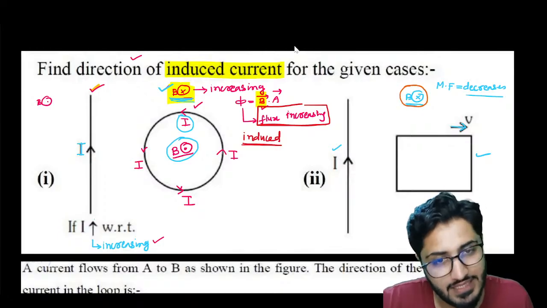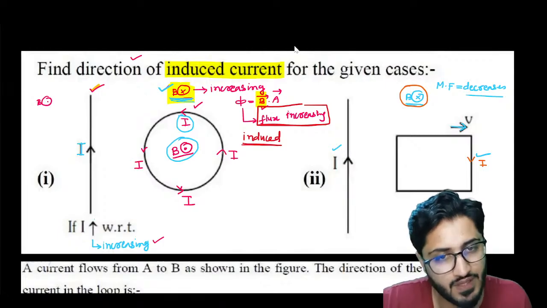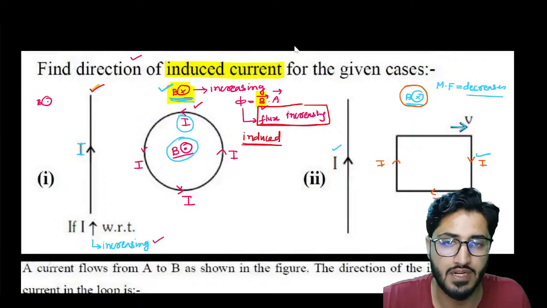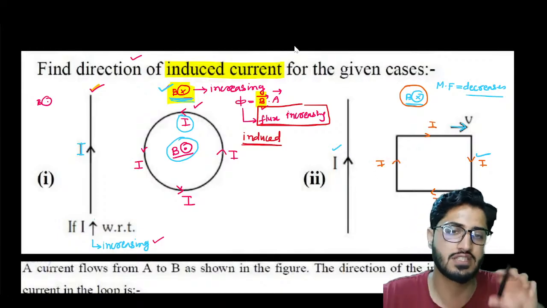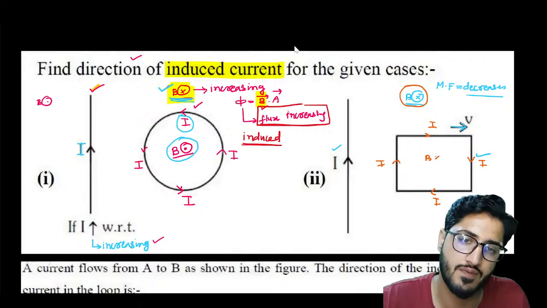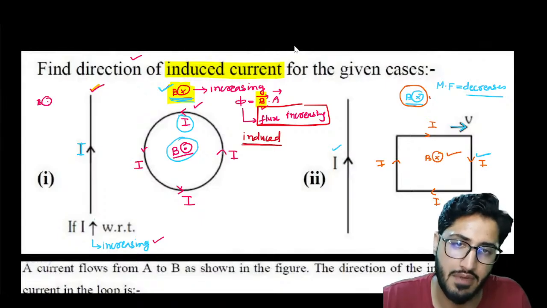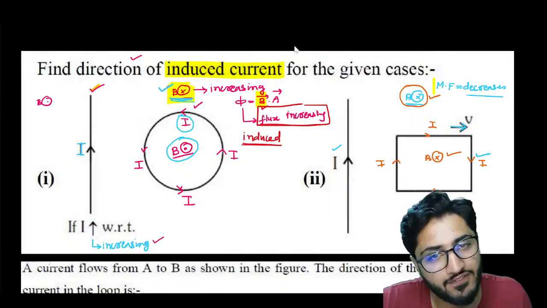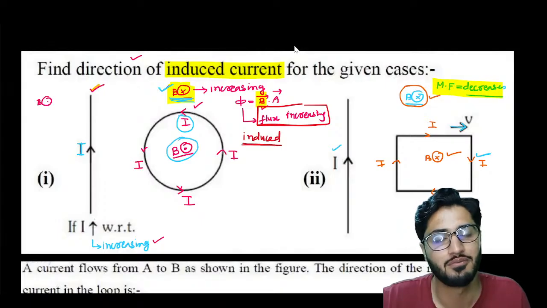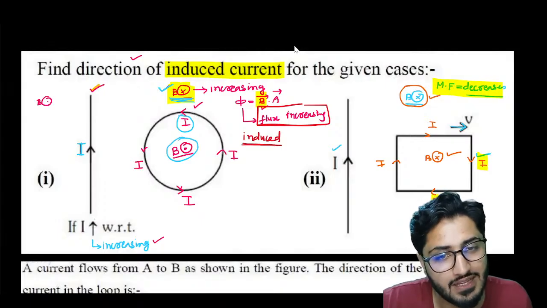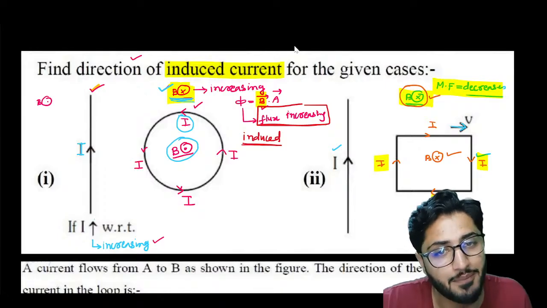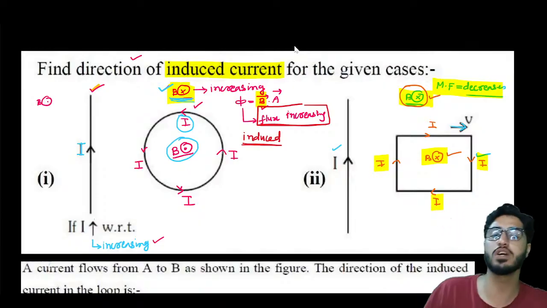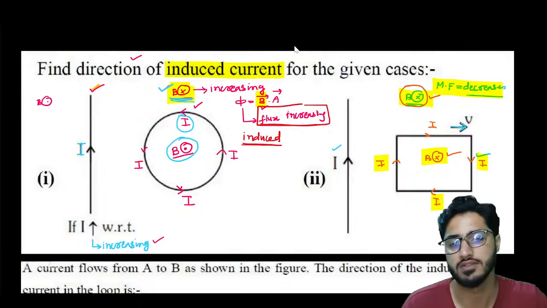How, sir? If current flows in the clockwise direction, you can see this current's magnetic field will also be inward. Both are in the same direction, so it will increase. Initially the magnetic field is decreasing, but current flows in such a way that it increases the net magnetic field. This is the statement of Lenz's law.